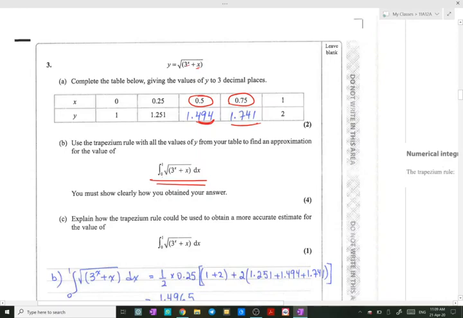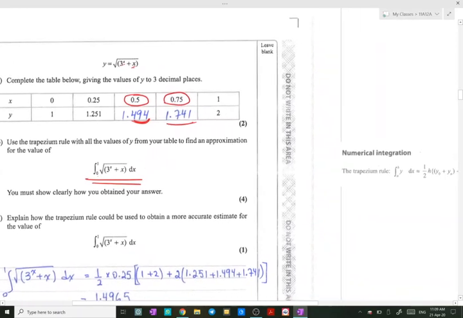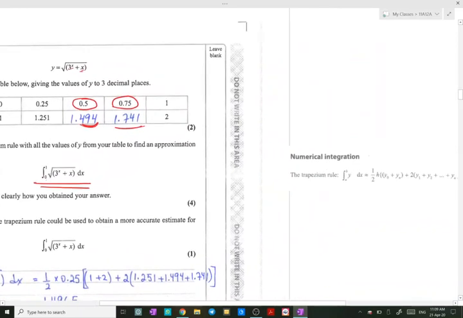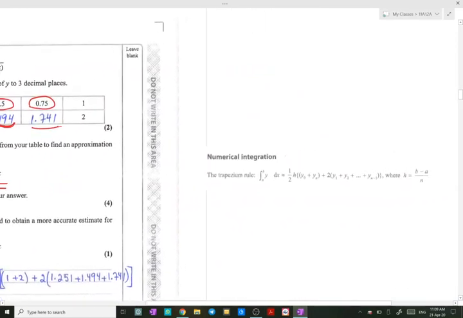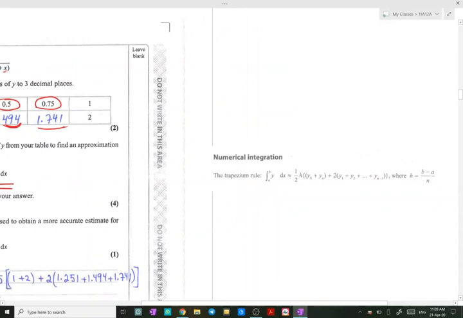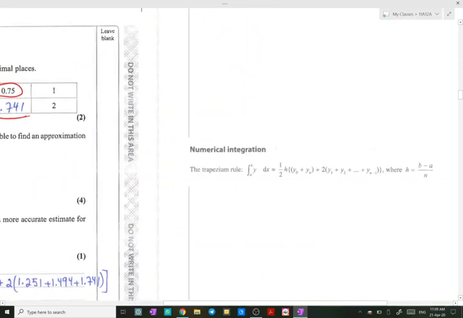Now, the trapezium rule formula is given in the formula booklet, where h is equal to b minus a over n, where n is the number of strips in the table, so strips in the table minus 1.